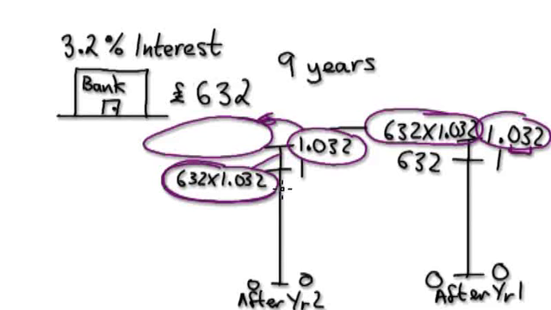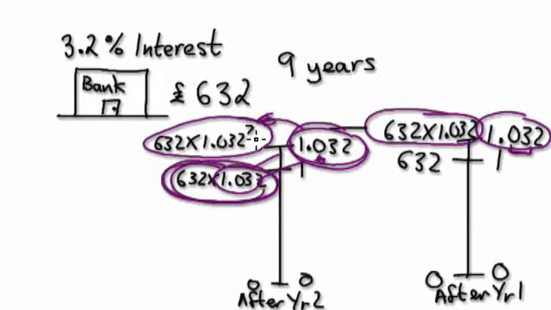So basically, I'm just going to merge this with this bit here. It's going to be 632 times 1.032 squared, because you're going to get this times another 1.032. This is a neater way of writing it. This is after year 2.